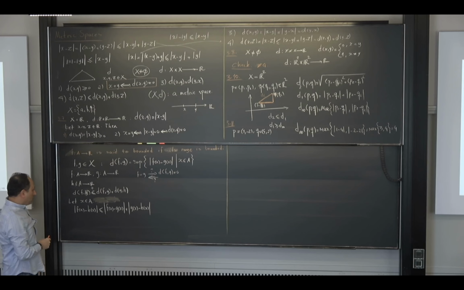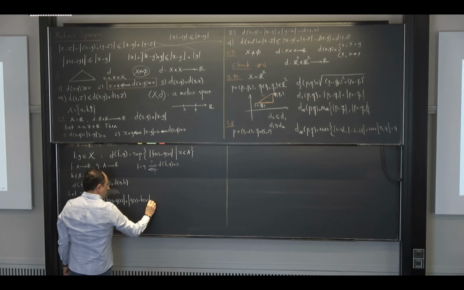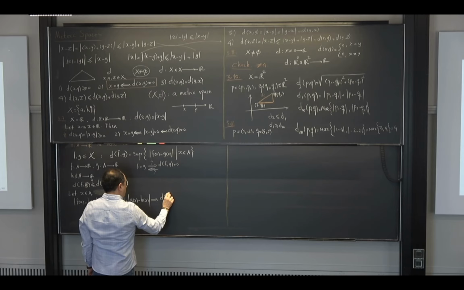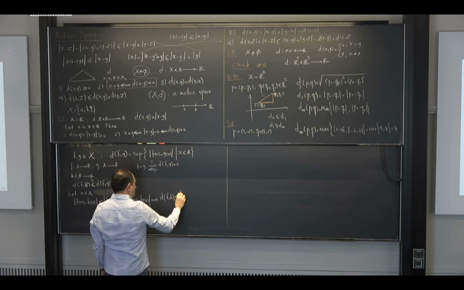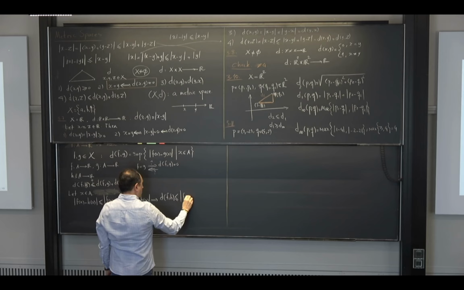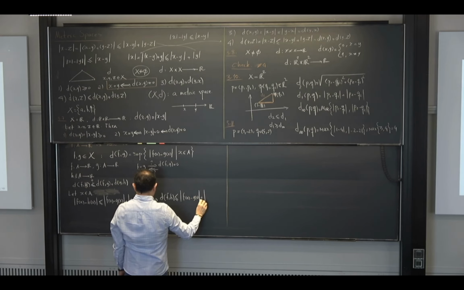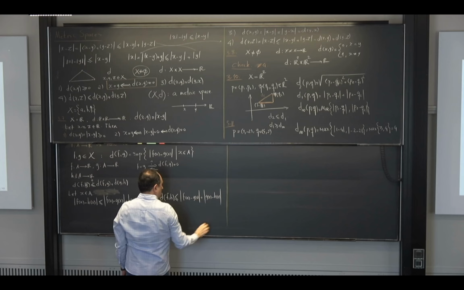Okay, but what does this mean? This means that d(f, h) is also less than or equal to the absolute value of f(x) minus g(x) plus the absolute value of g(x) minus h(x). Do you agree, and why?